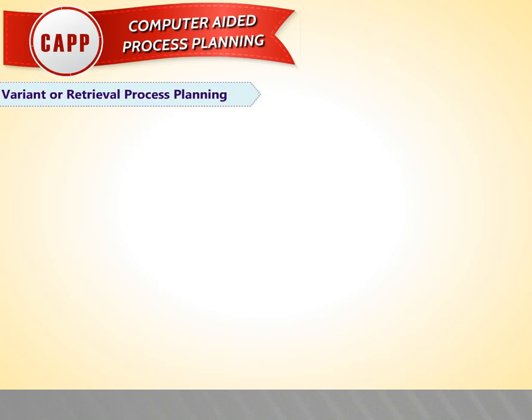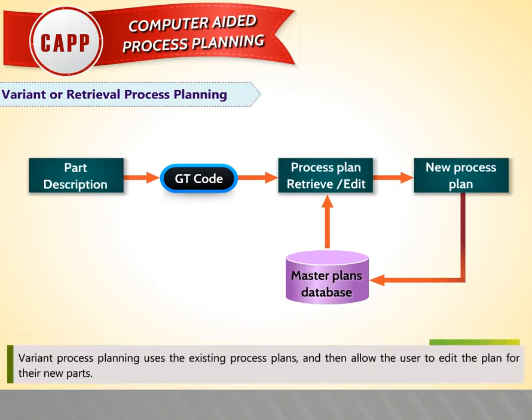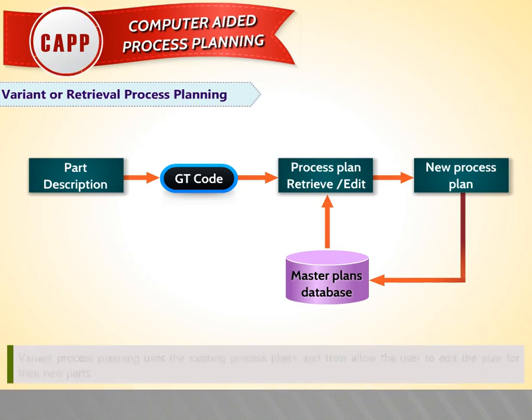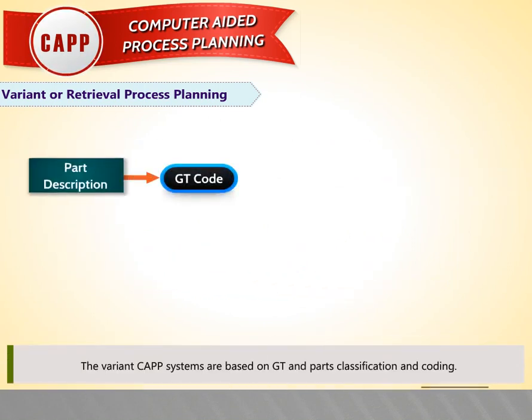Variant or retrieval process planning. The flowchart of variant or retrieval approaches to computer-aided process planning. Variant process planning uses the existing process plans and then allows the user to edit the plan for their new parts. The variant CAPP systems are based on GT and parts classification and coding.